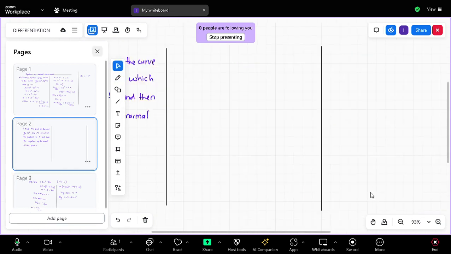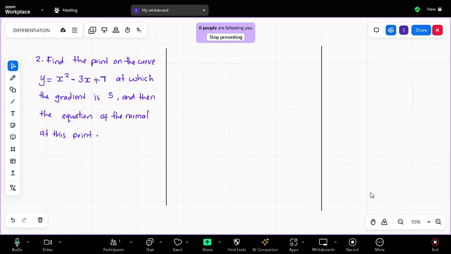Now when you go to question 2: find the point on the curve y equal to x squared minus 3x plus 7 at which the gradient is equal to 5. So the gradient dy/dx is equal to 5. Differentiating this function, dy/dx becomes 2x minus 3.